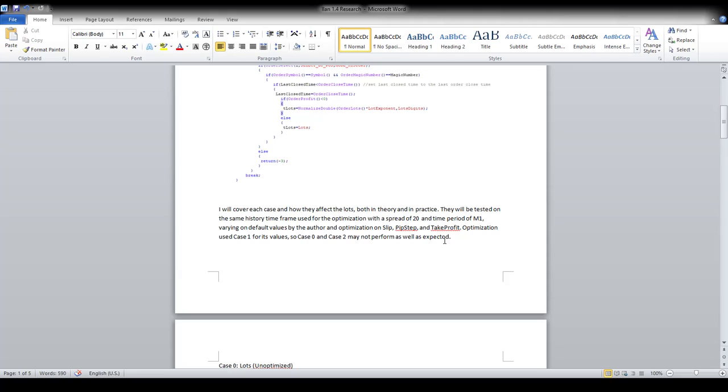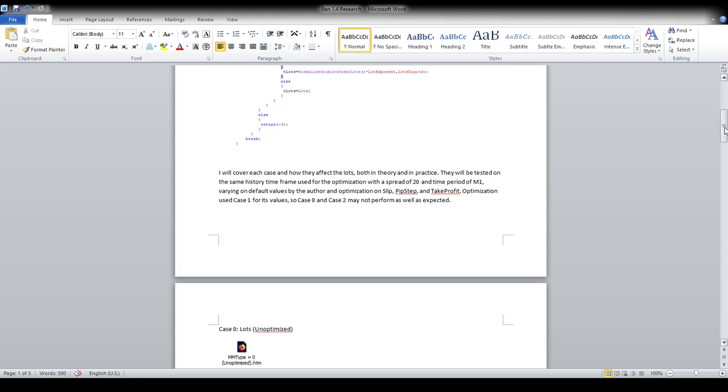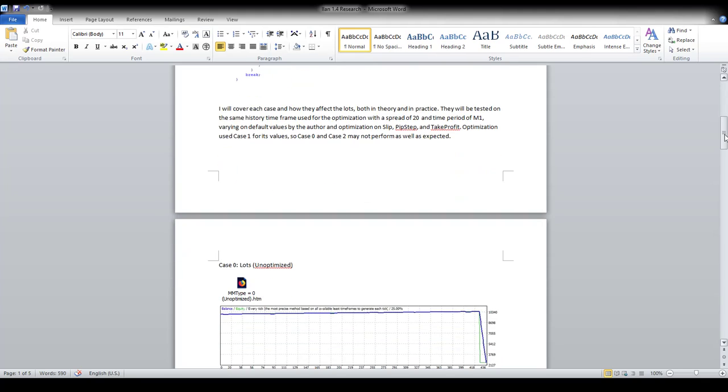The main values that will change are slip, pip step, and take profit, although the one we are specifically testing for is type, where we will be doing one test on 0, 1, and 2 optimized and another unoptimized. The original optimized result used case 1, so that has the best result.